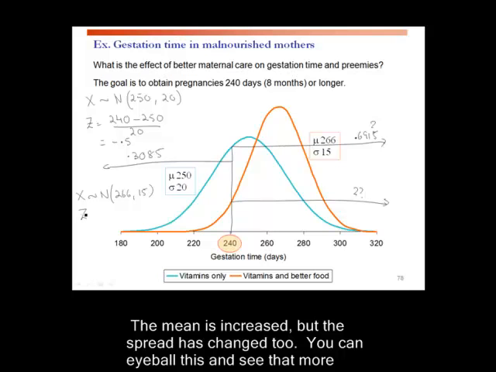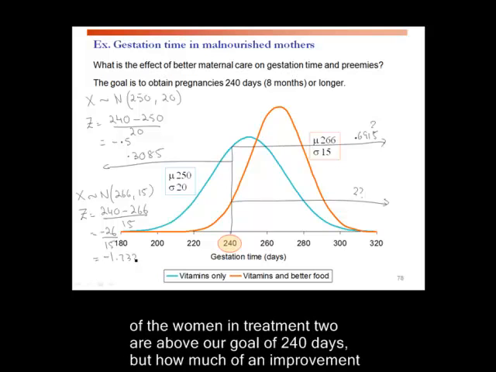So Z is 240 minus 266 divided by 15. That's negative 26 by 15, which is what? Negative 1.733. And now it becomes interesting.